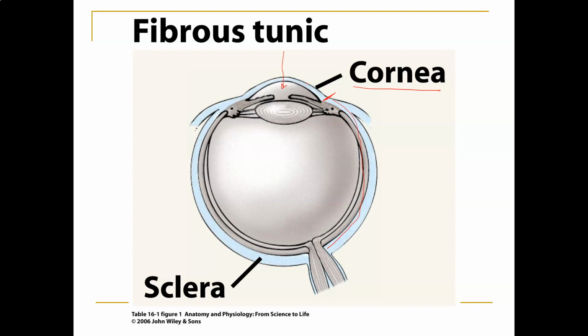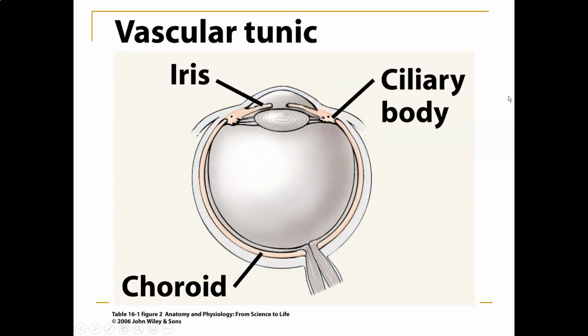If this becomes cloudy, that causes vision problems. Okay, so that's a protective layer of the eye, and I meant to mention that it is avascular. It has no blood vessels in it.